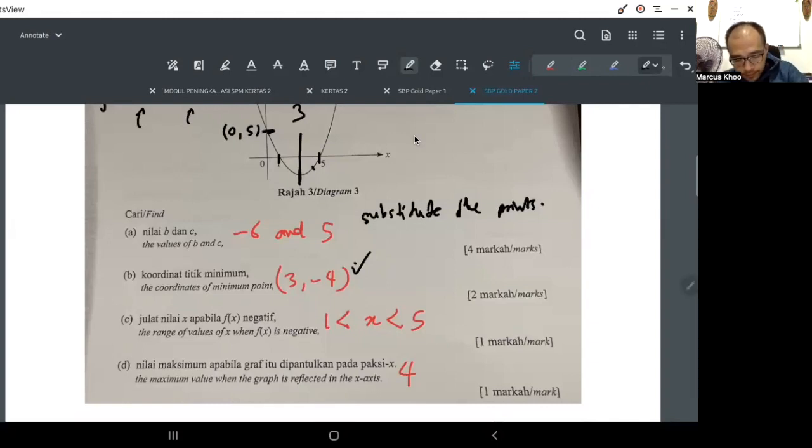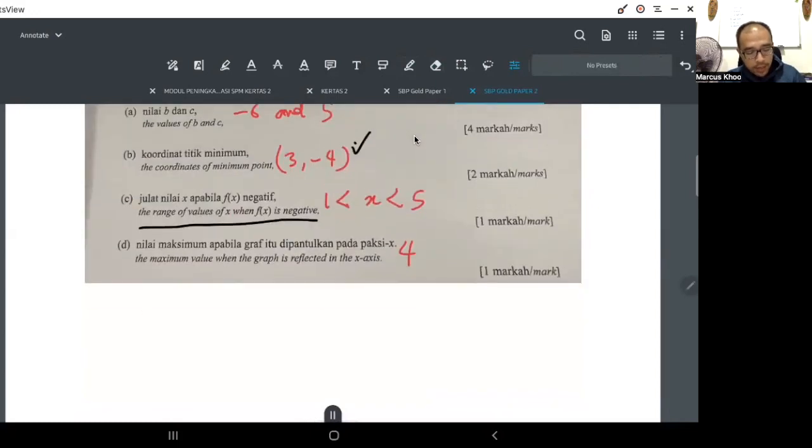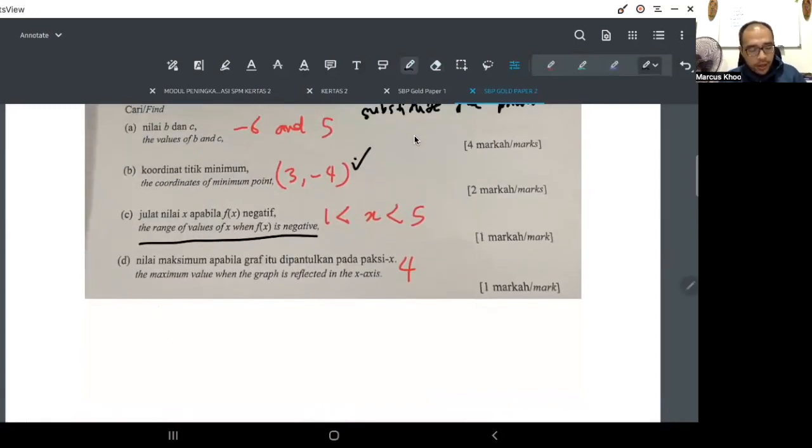All right. Now, the range of values where f(x) is negative. Normally when we think of the range of values where f(x) is less than 0, everybody will start thinking of b squared minus 4ac.